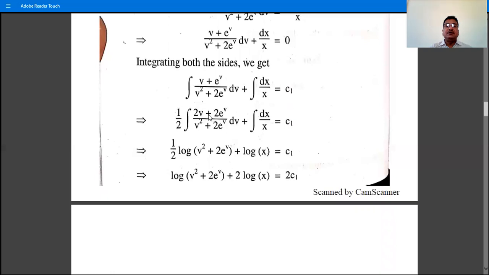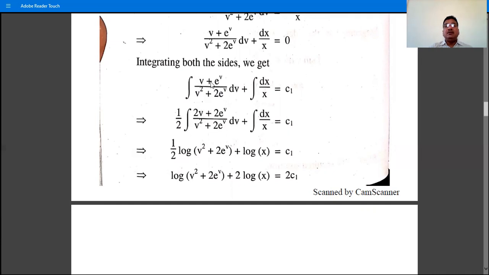suppose c1. Then adjust to 1/2: the derivative of v square plus 2 e raised to v is 2v plus 2 e raised to v, because the derivative of e raised to v is e raised to v. So I just multiply and divide by 2.